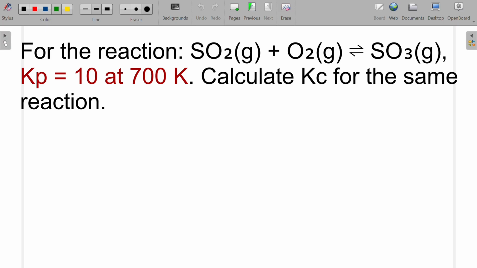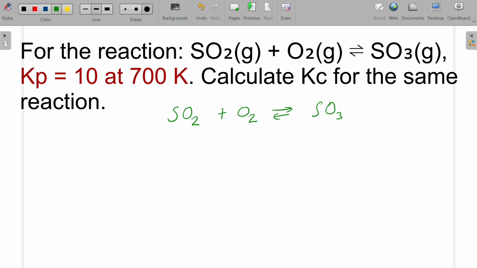But before we do that, let's write our balanced chemical equation. So our balanced chemical equation for this will be sulfur dioxide added to oxygen, giving us on the other side sulfur trioxide.